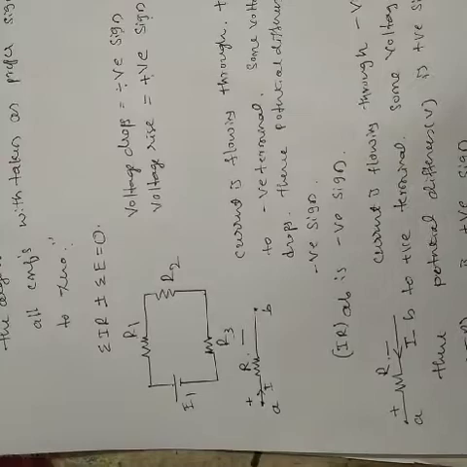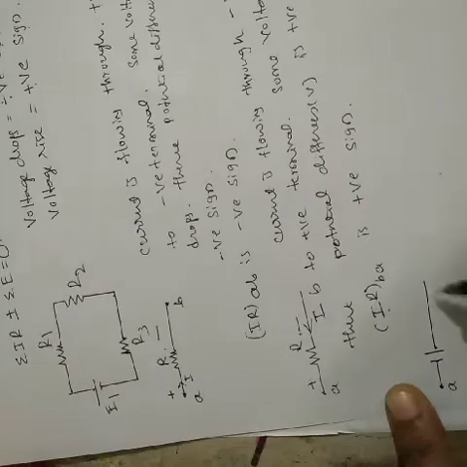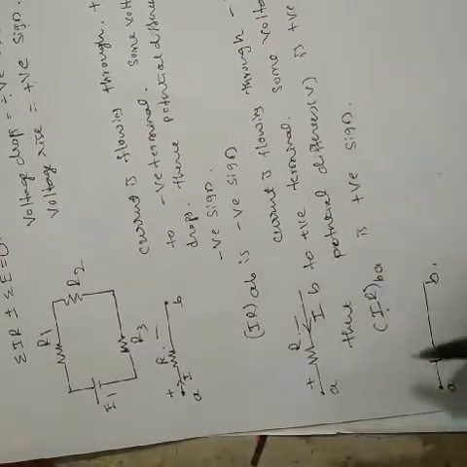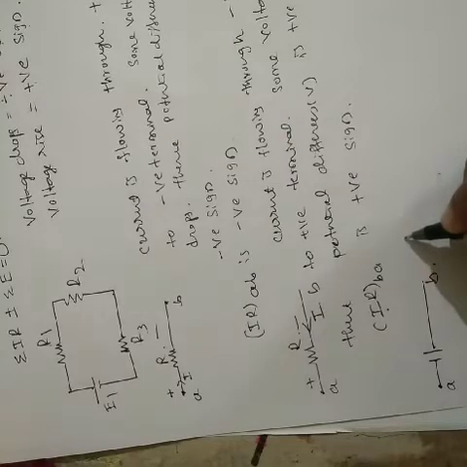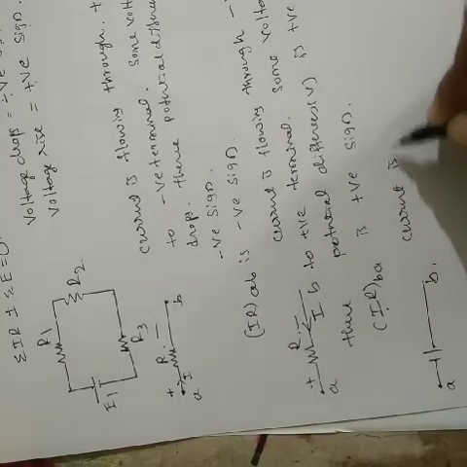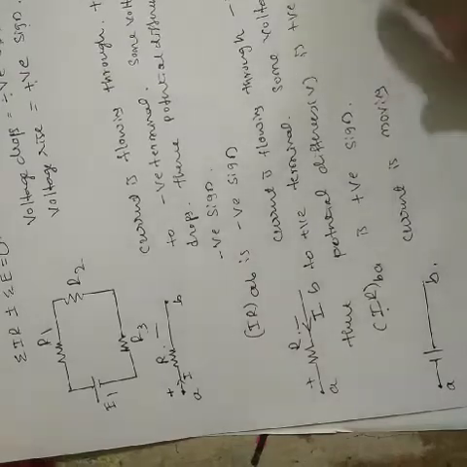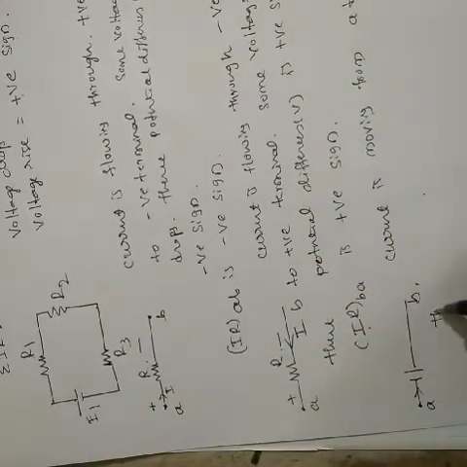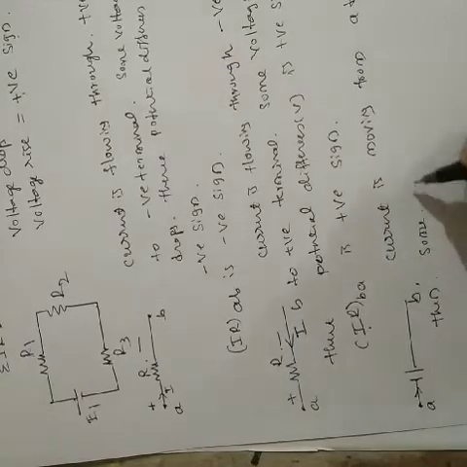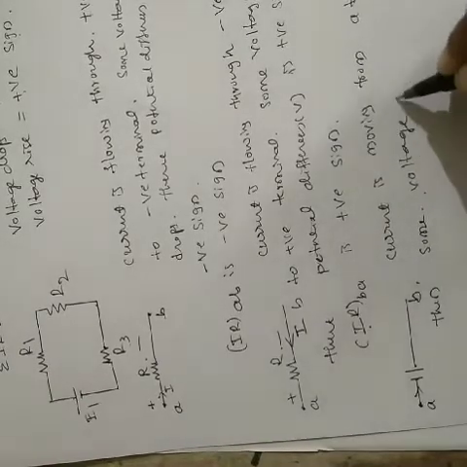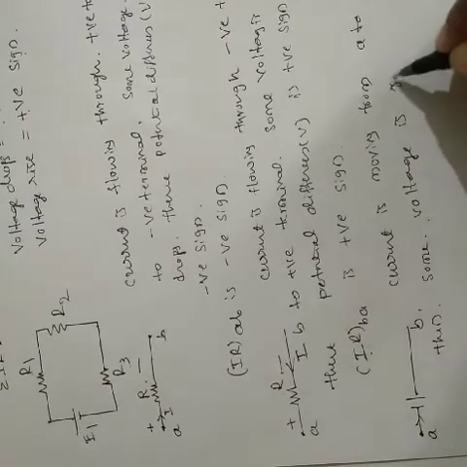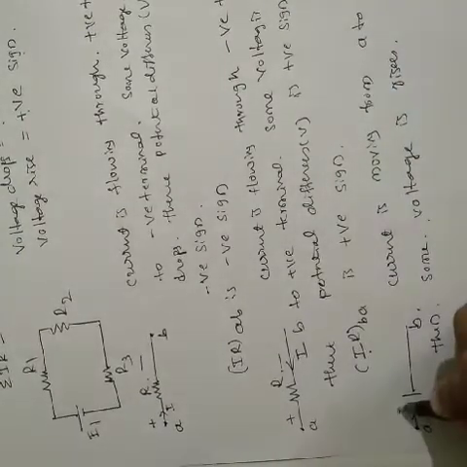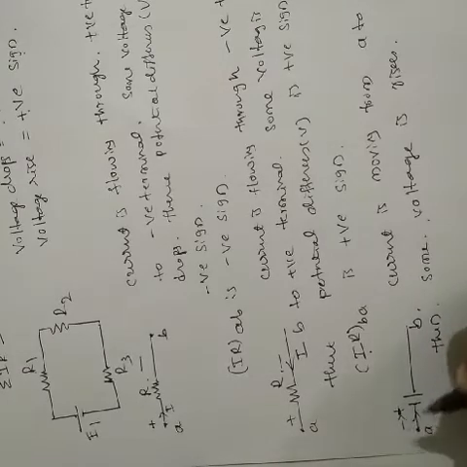If we consider a battery connected between A and B, then current is moving from A to B. Some voltage rises, means current is moving from negative terminal to positive terminal.